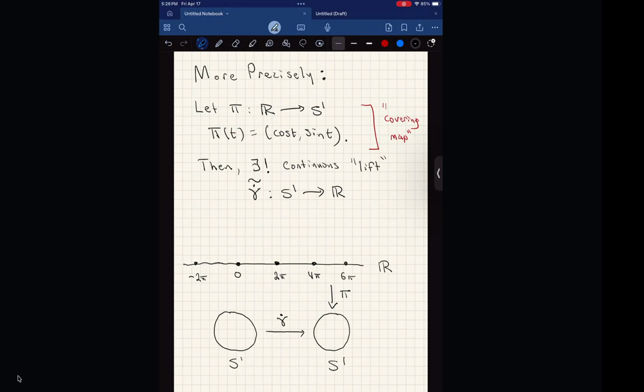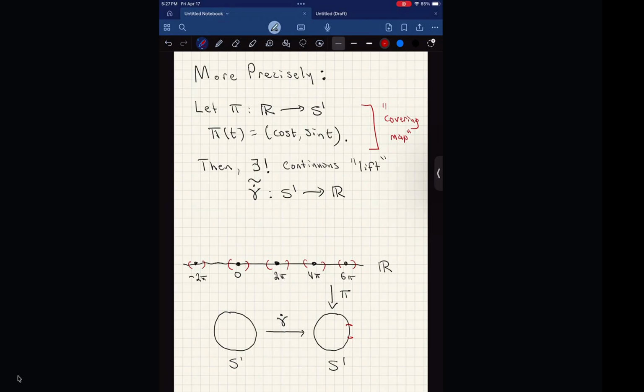One of the points of this map is that for a small neighborhood about any point in the real line, if you take its translates by 2 pi, you get a disjoint collection of neighborhoods, and all those neighborhoods project to a single little interval on the circle. This is called a covering map in general.